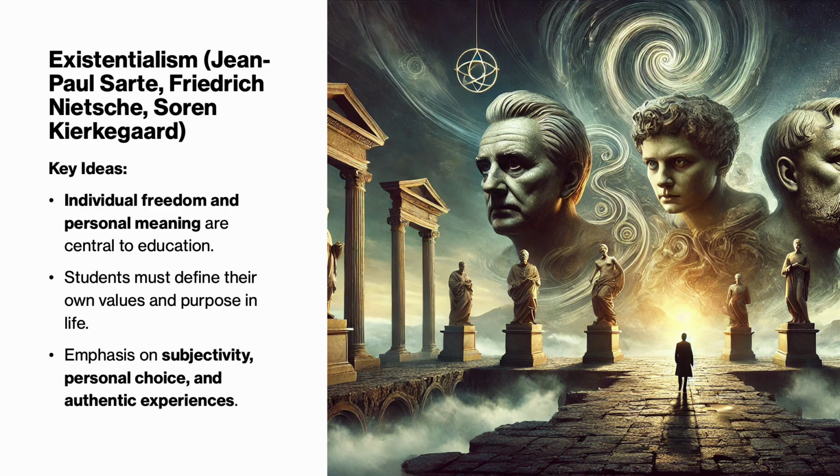We are not born with a fixed purpose. We create our own. So radical freedom: students are free to define their own meaning but must take responsibility for their choices. So authentic learning: education must encourage self-exploration and independent thought.